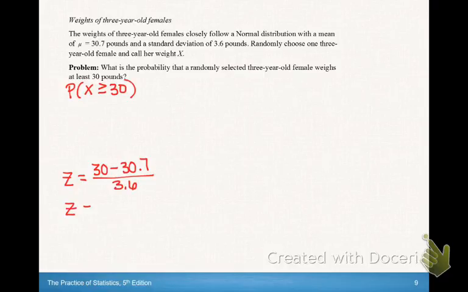So if we use our calculator, we end up with a z-score of negative 0.19. So really, we're finding the probability that z is greater than or equal to negative 0.19.